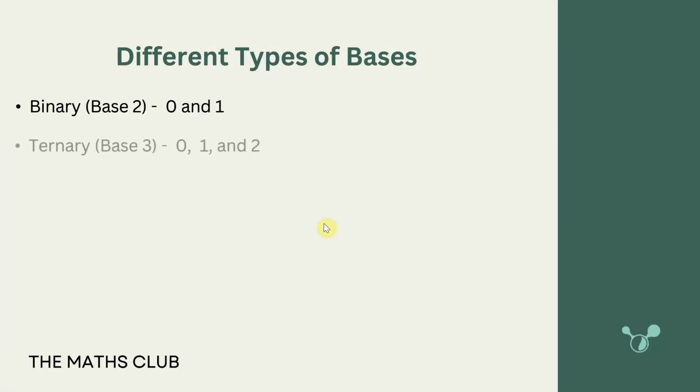The next type we'll talk about is the ternary. Ternary is base 3. Just like my explanation for the previous one, the highest number that you're going to see in a ternary base is going to be 1 less than the base number. And 3 minus 1 is what? You guessed right, 2. So you're going to be seeing numbers from 0 up to 2.